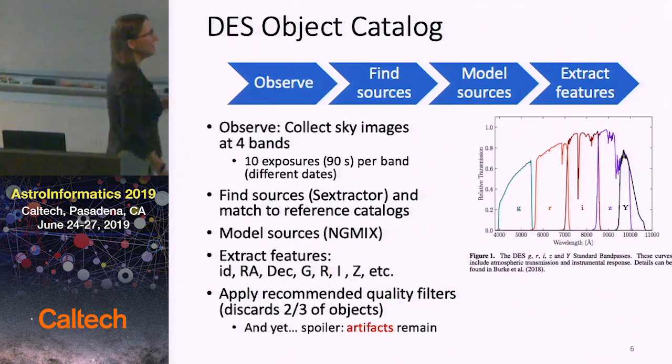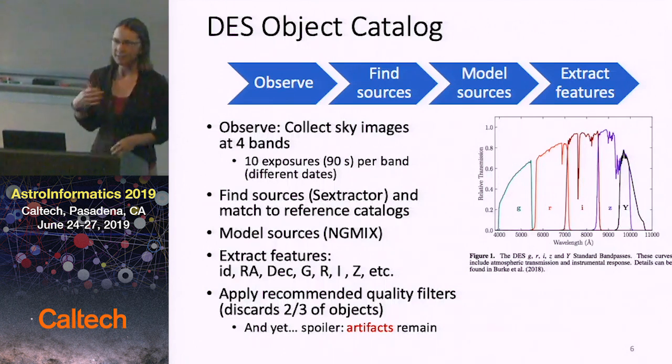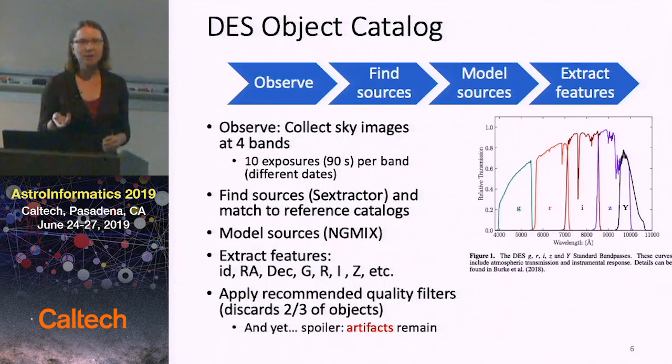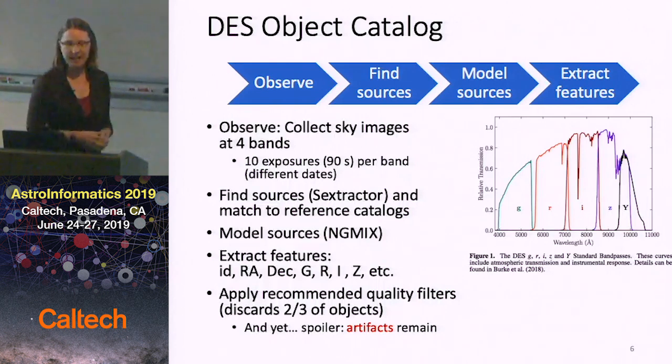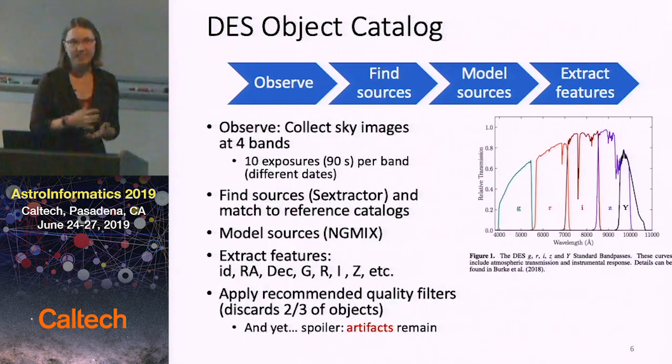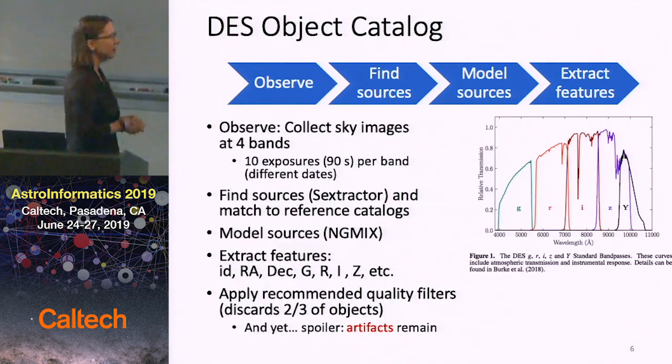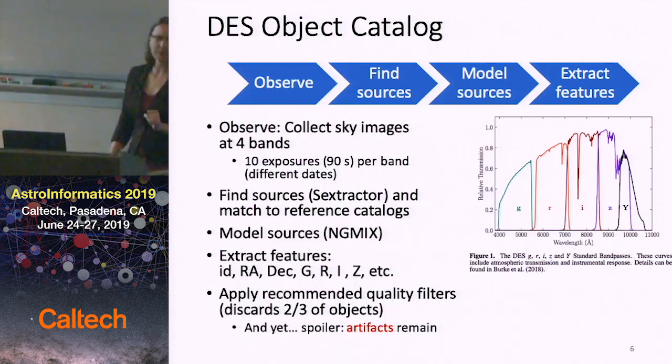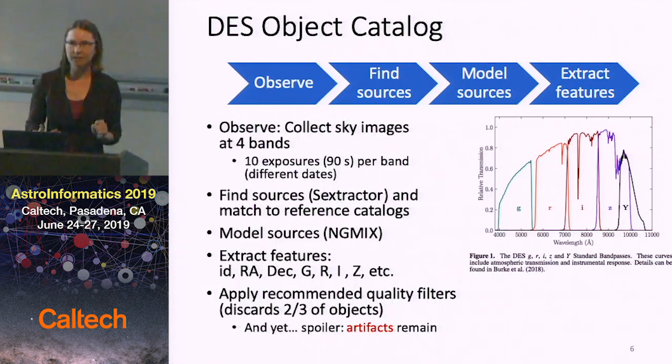And then the survey itself, in the process of generating these objects, provides several quality flags or features you can use to filter out things to try to get a clean sample. So we did that and found that it discarded about 2/3 of the objects. So you can see that it's already a pretty strict quality filter. But I will say we still find that there are artifacts buried within what remains, which should be the good quality stuff, which underscores the need for this kind of work.